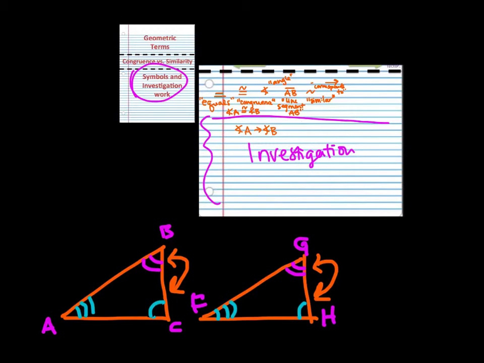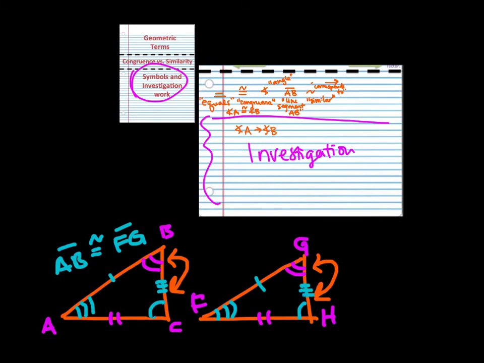One other thing that you can do is for sides, you can just put single ticks through there. So those two sides, line segment AB, is congruent to line segment FG. So those two line segments are the same. So if we're following that same sort of pattern that we did before, AC, we could say that's 2 tick marks because it's a different length. And then BC, we're going to have 3 tick marks because, yet again, it's another length.